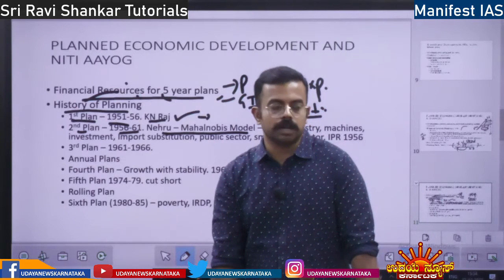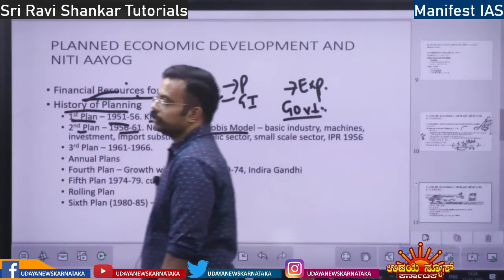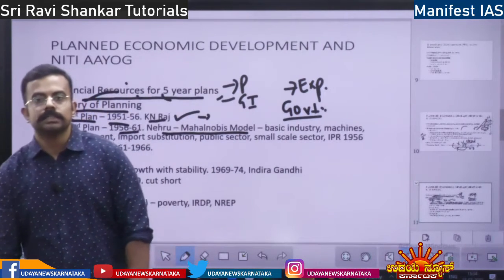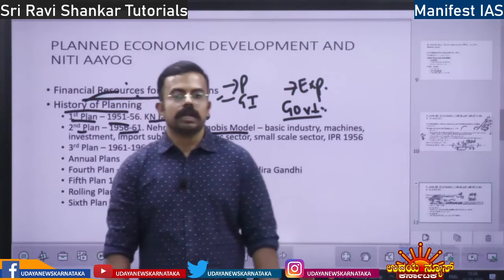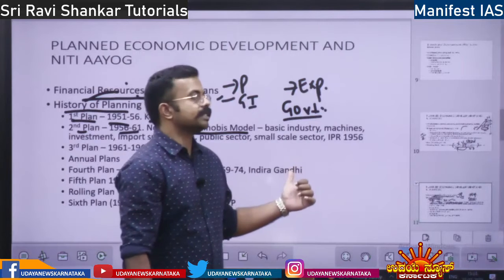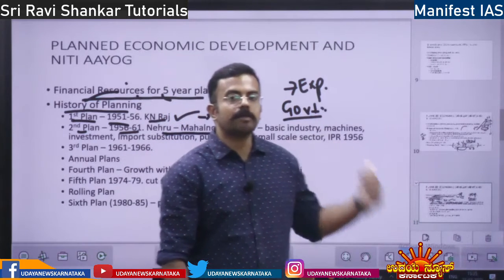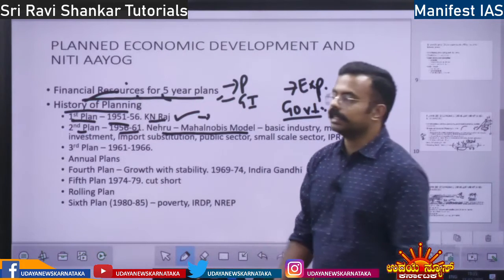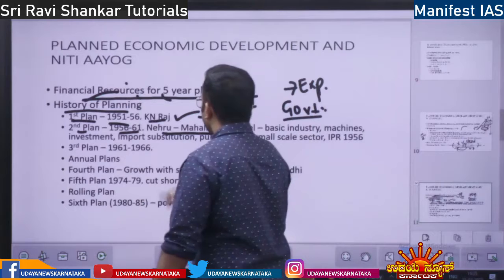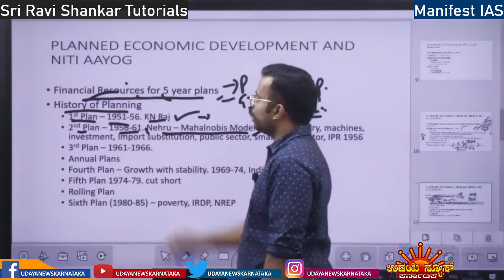Who is this Mahalanobis? P.C. Mahalanobis, also called the father of Indian statistics. I told you, the Central Statistics Office, all those things were established by P.C. Mahalanobis. He is called the father of Indian statistics, right? So based on the Nehru and Mahalanobis model, we form the second plan.